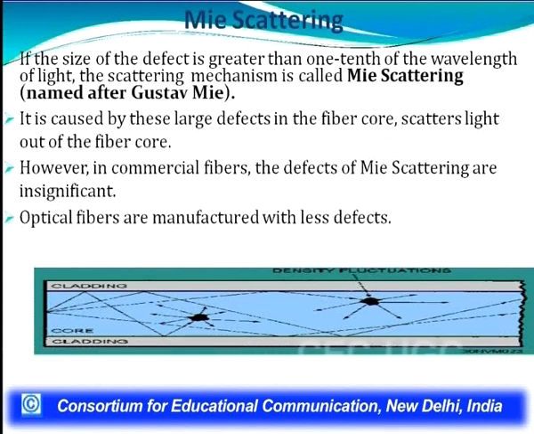It is caused by these large defects in the fiber core, which scatter light out of the fiber core. Here we see the light is scattered from the fiber core, and this is unevenly distributed. However, in commercial fibers, the defects causing Mie scattering are insignificant, and optical fibers are manufactured with fewer defects, so that light cannot be scattered and the proper signal is received at the end side.